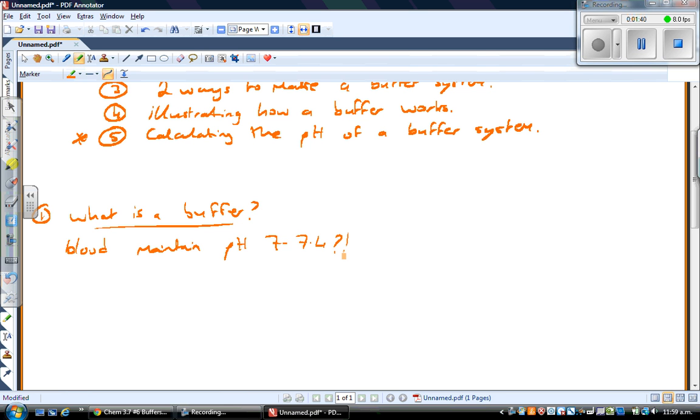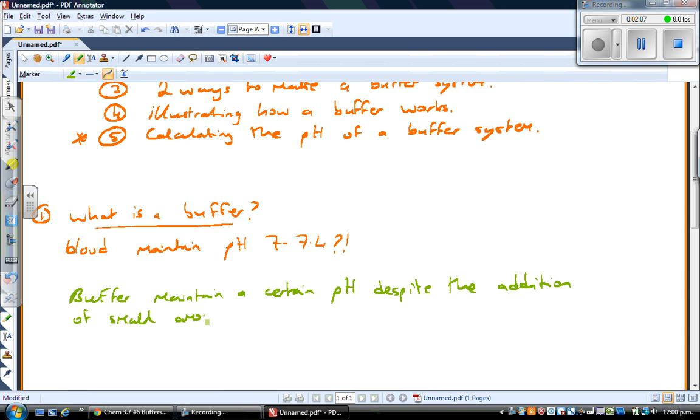So the definition of a buffer, and I'll just use a different color for this. A buffer will maintain a certain pH despite the addition of small amounts of a strong acid.